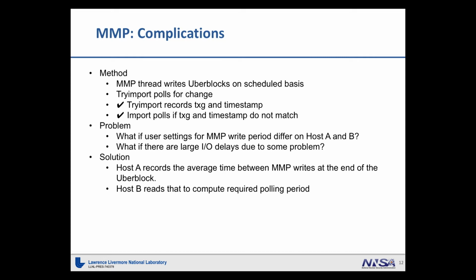And settings is bad because maybe host A is told to write every 10 seconds, and host B is told to wait for 1 second. So the wait isn't long enough because you've set settings poorly.